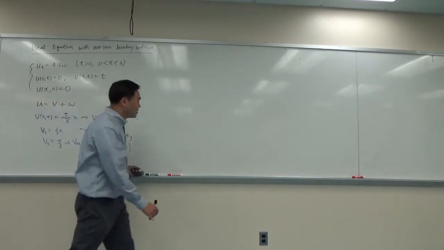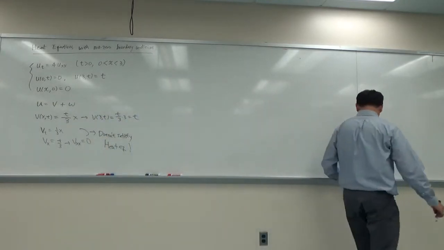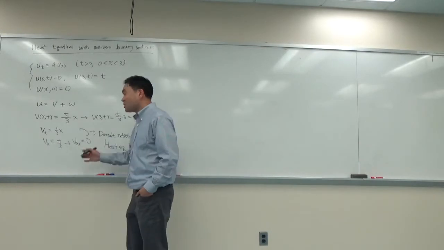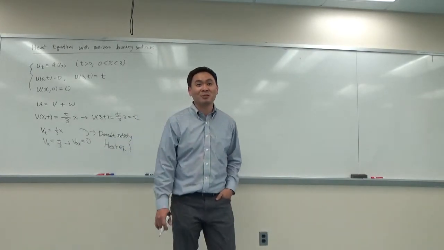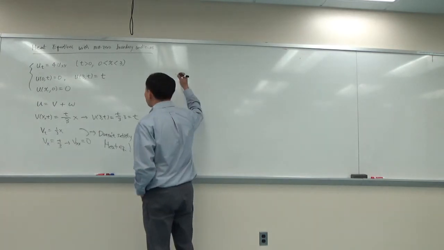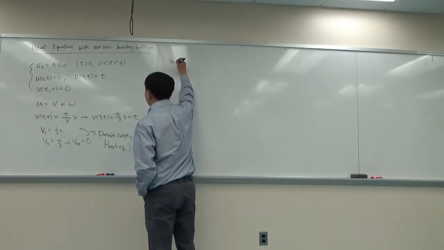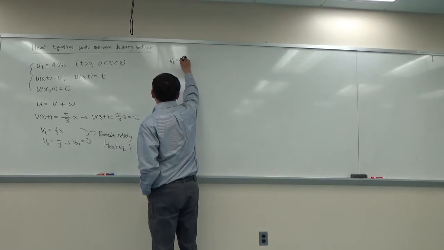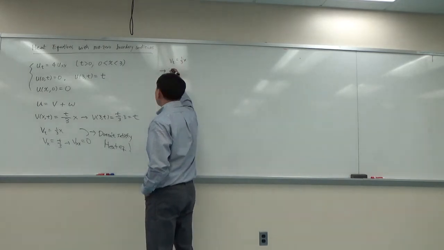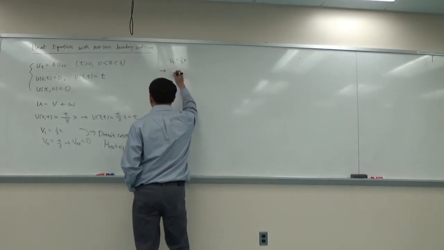Bad. So do we give up? No. What do we do? We make it satisfy the heat equation. So let's see what we're up to here. So Vt is equal to 1/3 x. Therefore, here's what I'm thinking.